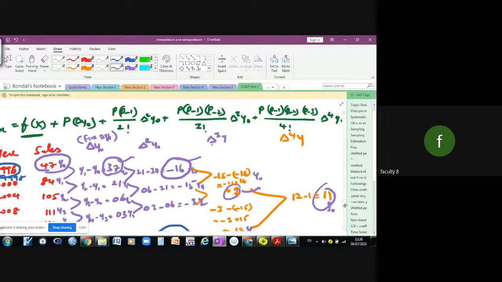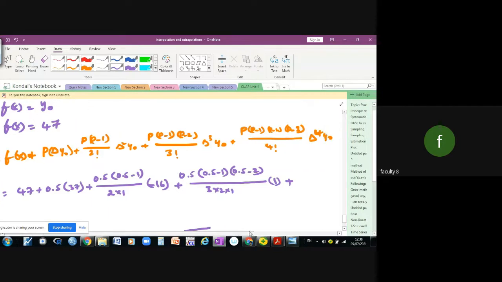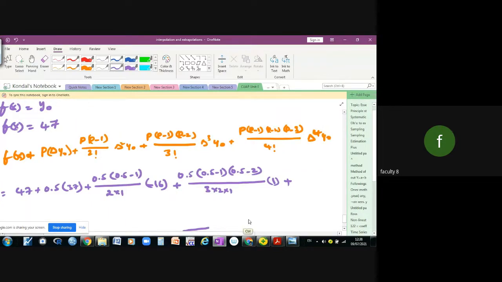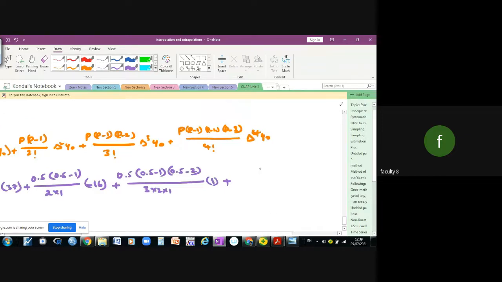1 plus 1 plus 1 here. Here the p value again, p value is 0.5 into 0.5 minus 1 into 0.5 minus 2 and 0.5 minus 3, right?